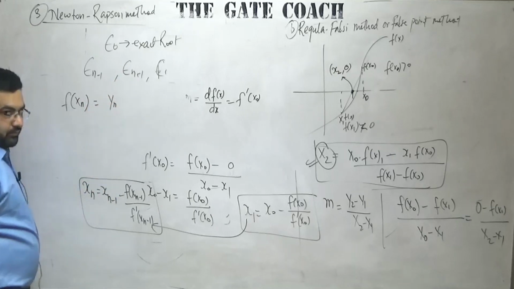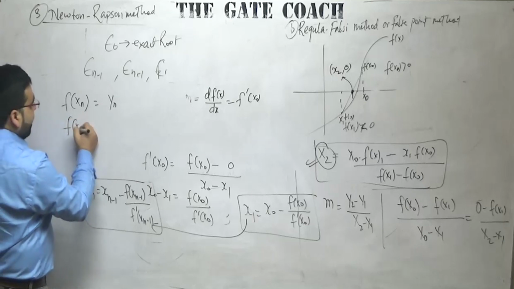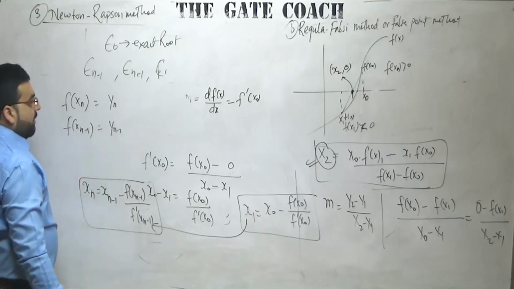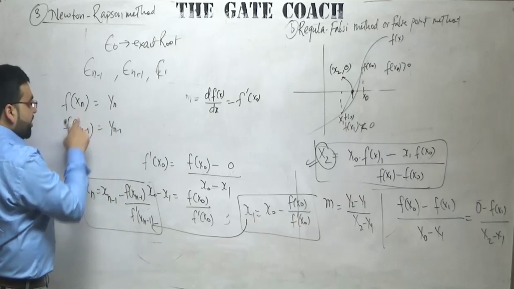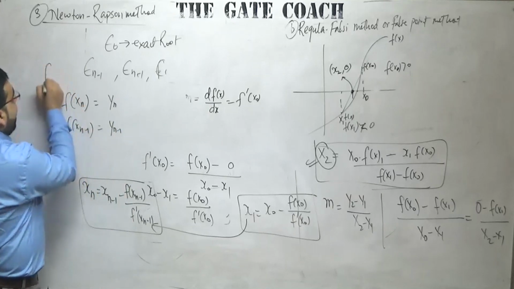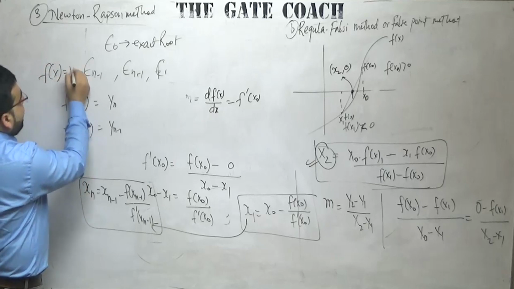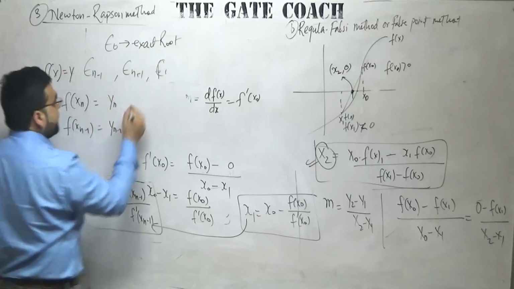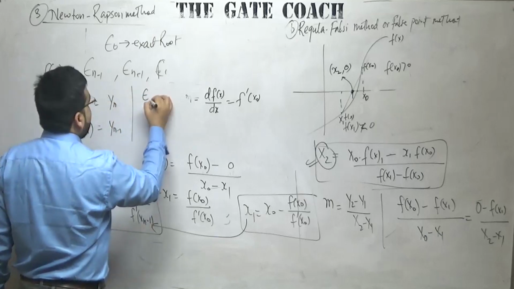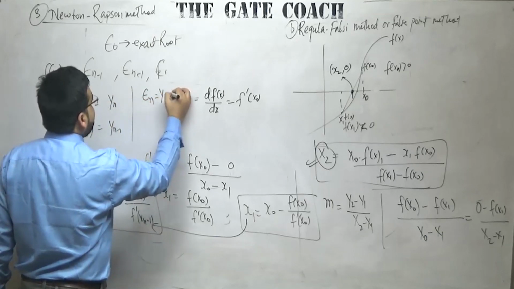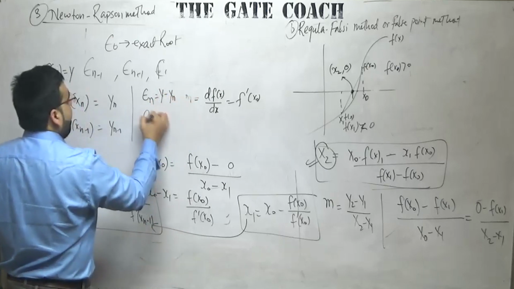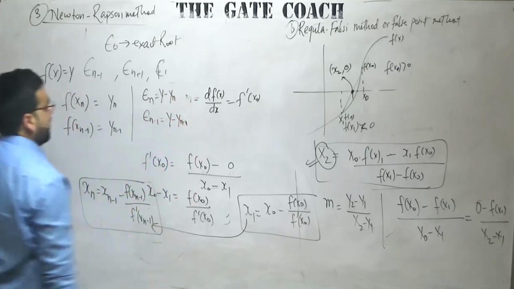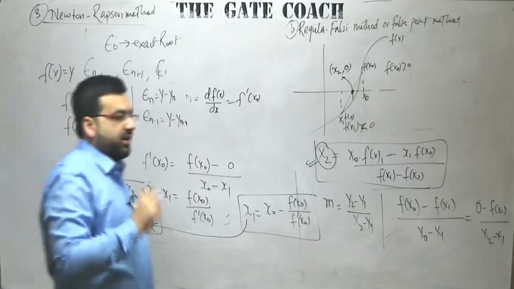You have got f(xn minus 1) as yn minus 1. But for the exact root of this equation, you were getting the y value. So there is some difference in the nth term and the n minus 1 term. So this is the error. The error in the nth term is the exact root minus the value that you have got. Similarly for n minus 1, it is the exact root minus what you have actually got. So for every term we have some error.